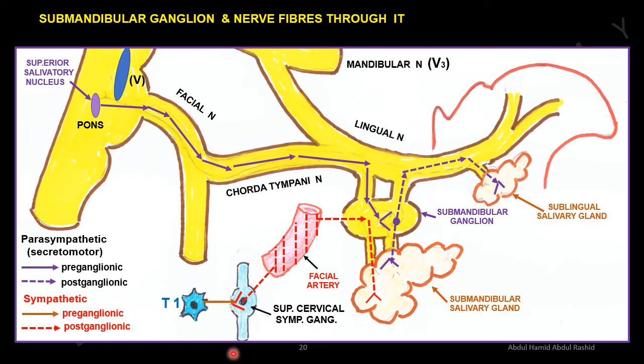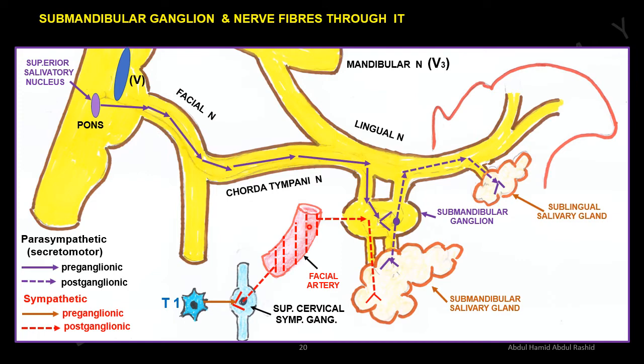This is the sympathetic chain. Along it, many sympathetic ganglia are there. This is the superior cervical sympathetic ganglion. So these preganglionic sympathetic fibers coming from the first thoracic segment through the first thoracic nerve will synapse here, in the superior cervical sympathetic ganglion, and become postganglionic fibers, dotted lines, and form a plexus around the facial artery.